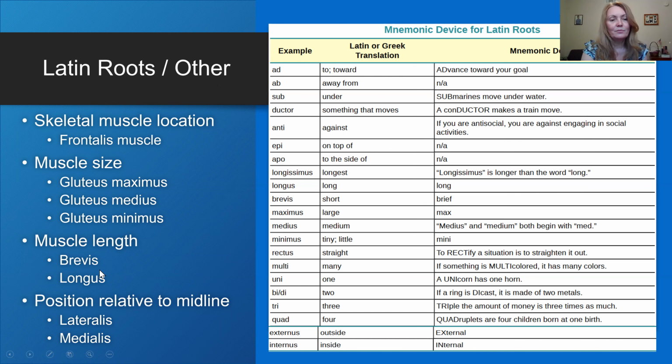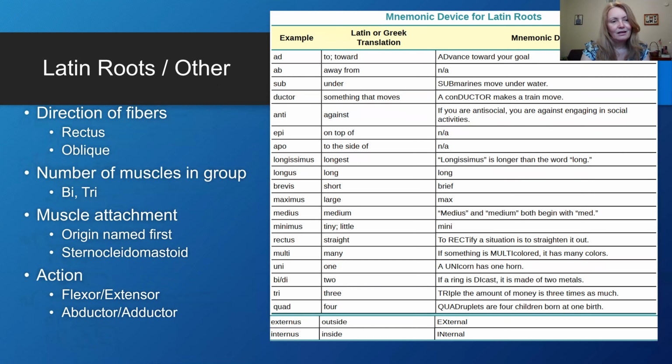Also, we can name muscles based on position relative to midline: lateralis, medialis, intermedius, right? Direction of fibers can be used in the name. Rectus means straight, oblique, under angle, fibers or fascicles.